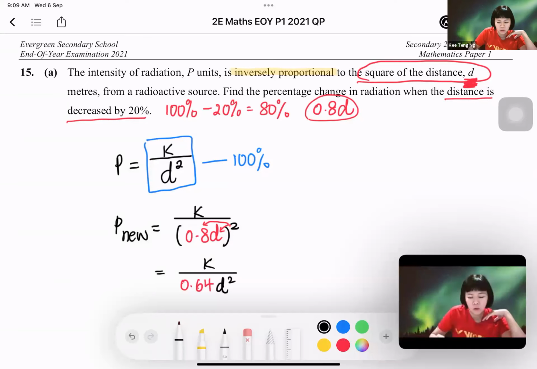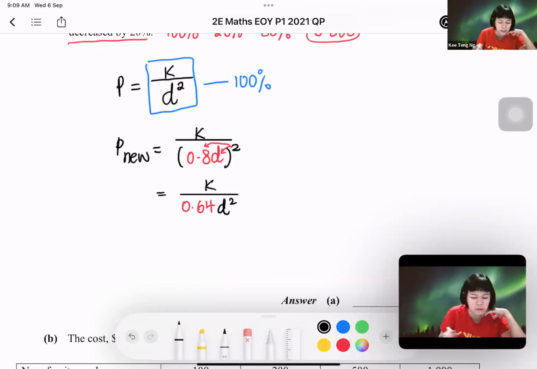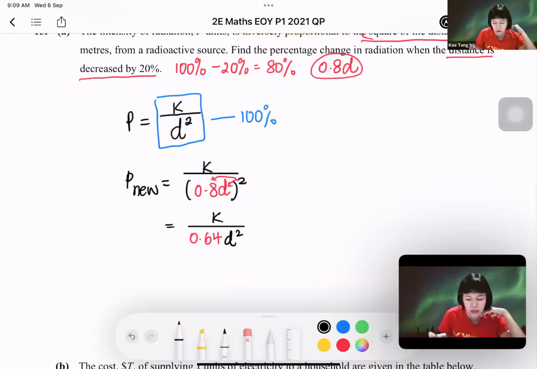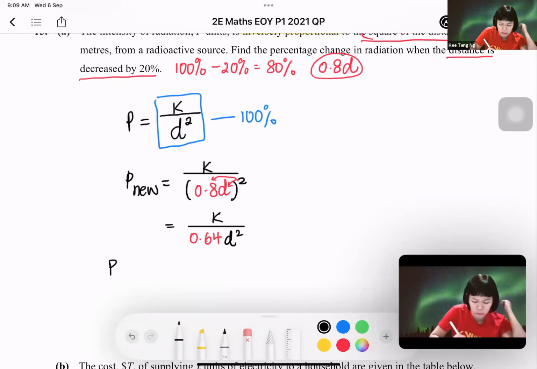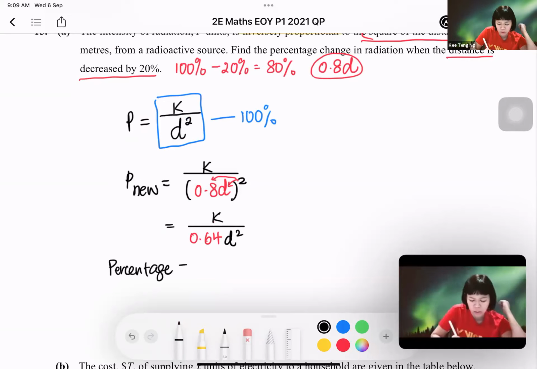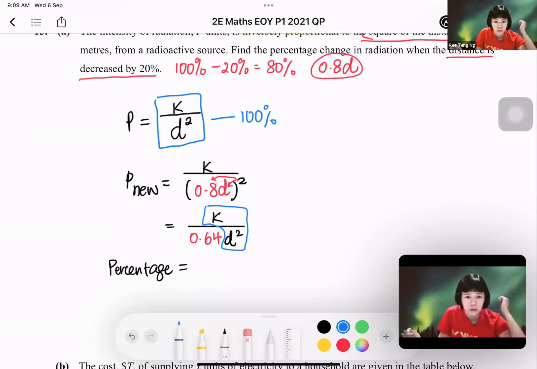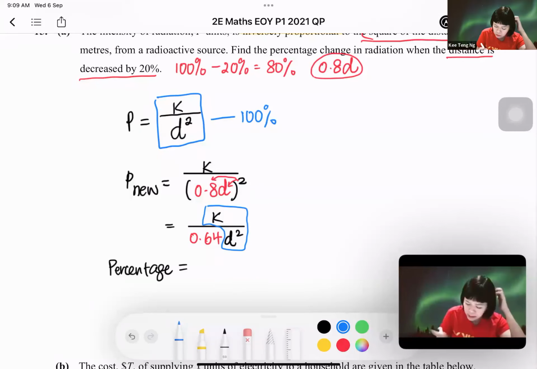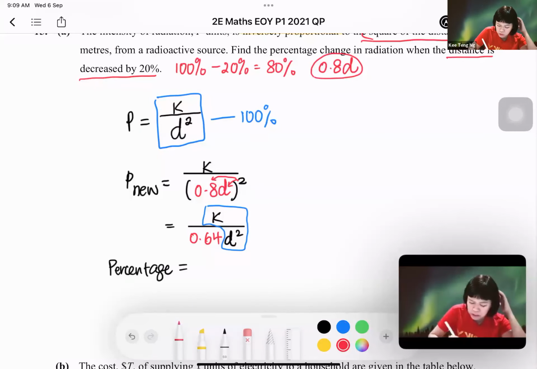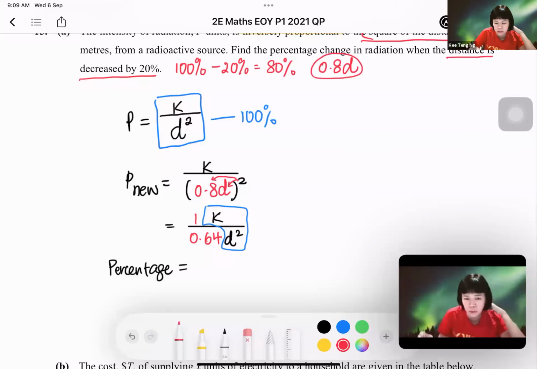Okay, so I know that the new value looks something like that, but the question asked me for a percentage change. So if I'm going to look for P in terms of percentage, what am I going to do? My original value, K over D squared, this one is 100%. So I have this one over here. This is actually 1 over 0.64.